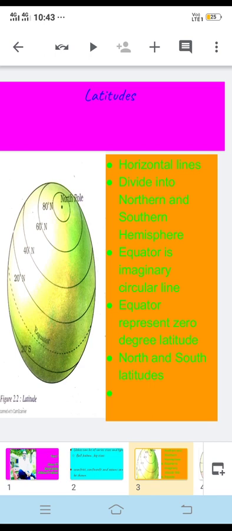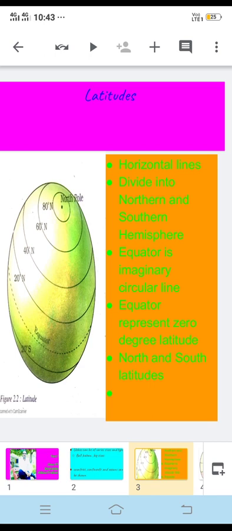So we can define latitudes as the horizontal lines which can be seen on the globe. These latitudes divide the globe into the northern and southern hemispheres.